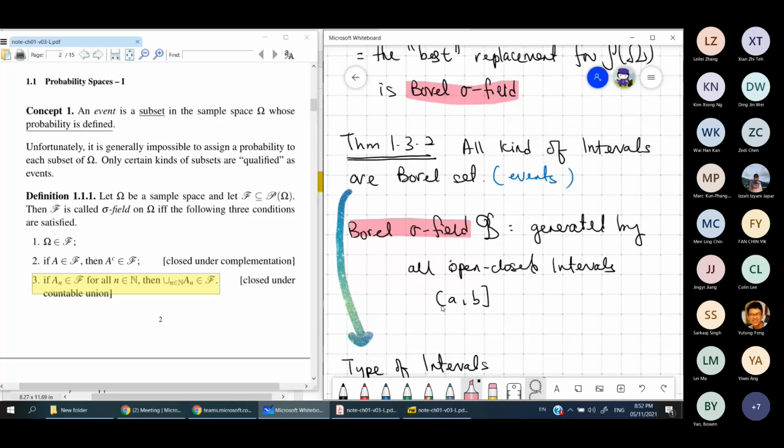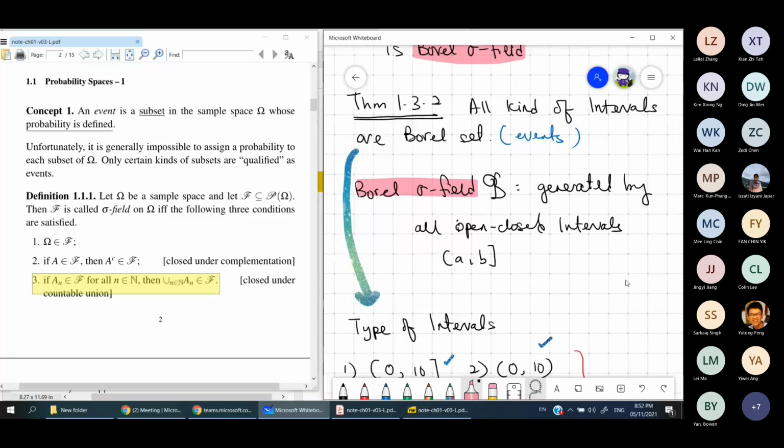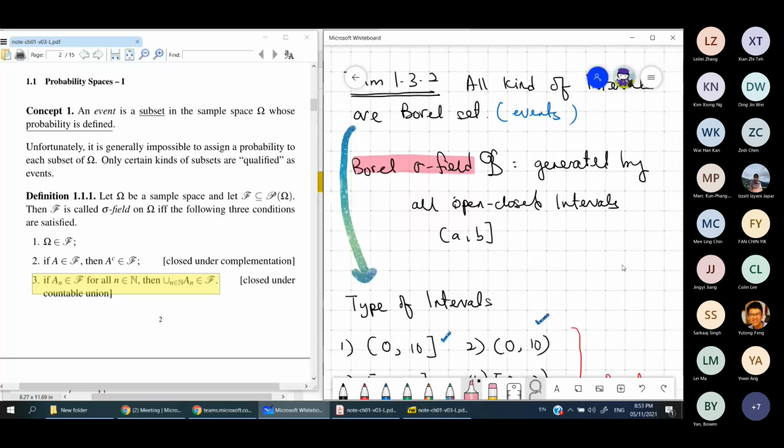Once we have set up this definition, a Borel sigma field is generated by all the open close intervals. Then from here we can verify all kinds of intervals are Borel sets. Not the other way around. We have to begin with this and then we come to this. So maybe I have to sort the position for these two things. All right, got it?